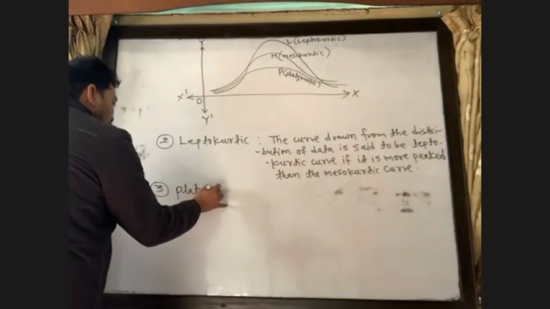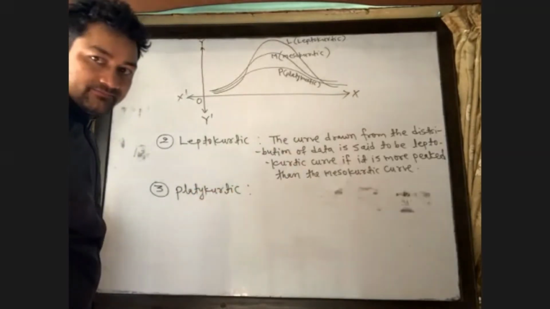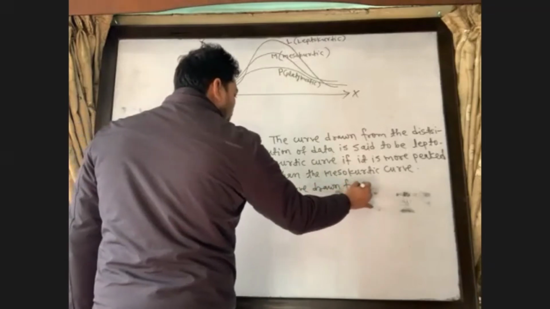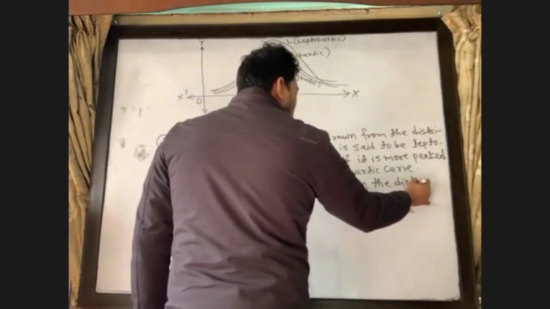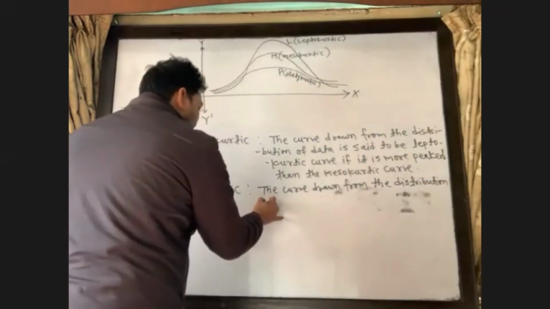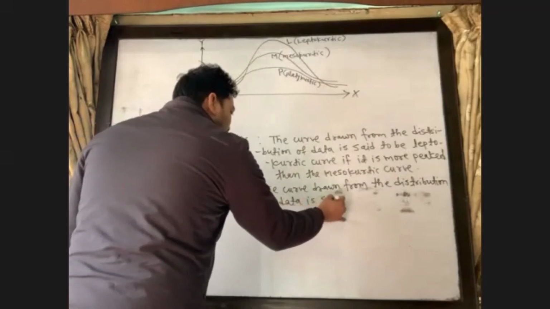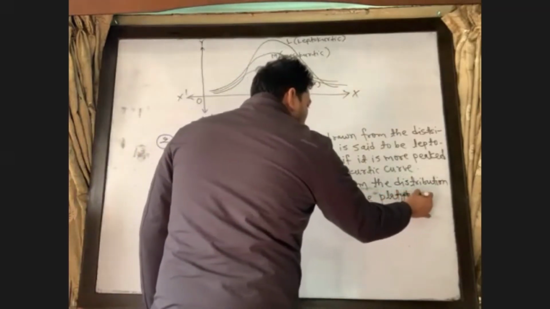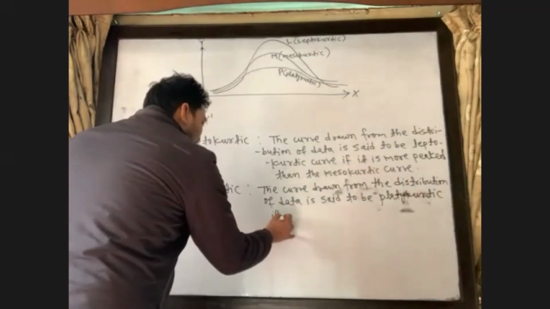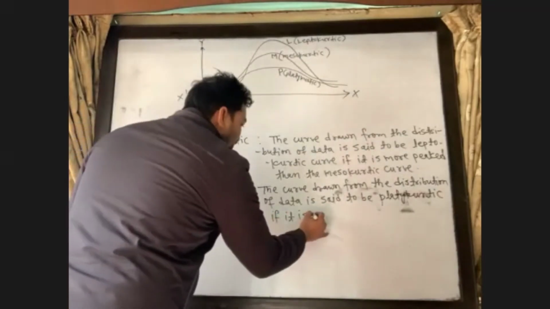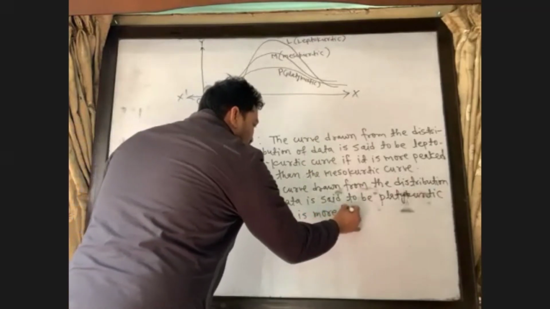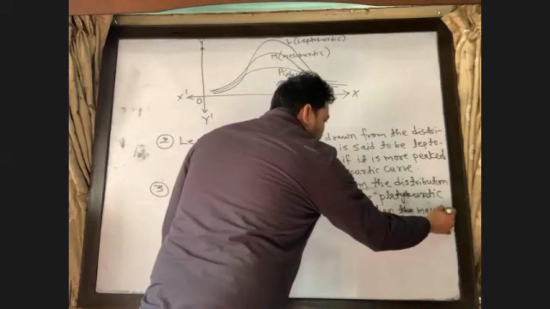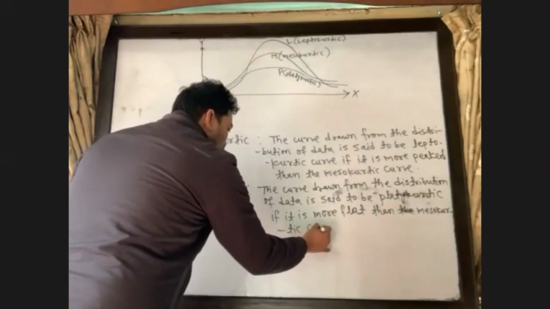Platykurtic curve. Okay, platykurtic curve. त्यो भनेको चाहिँ the curve drawn from the distribution of data is said to be platykurtic if it is more flat than the mesokurtic curve.